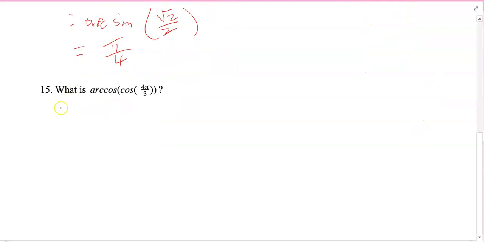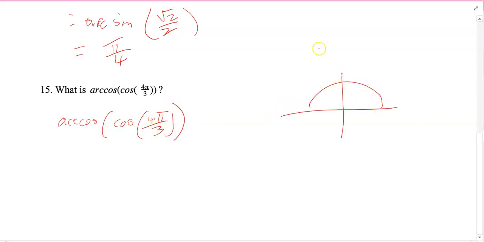Okay, so what is arccosine of the cosine of 4 pi over 3? Again, 4 pi over 3 does not live in the restricted area of cosine, because 4 pi over 3 is somewhere down here in the third quadrant. So 4 pi over 3 would be here.